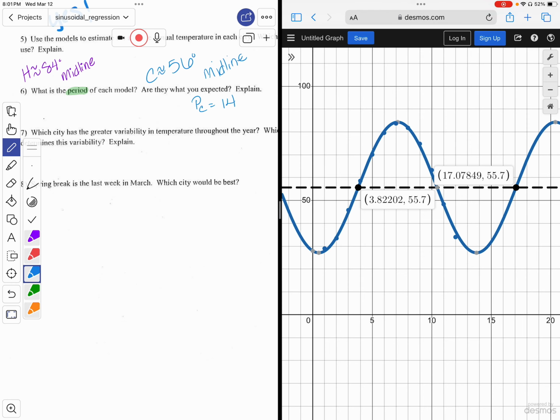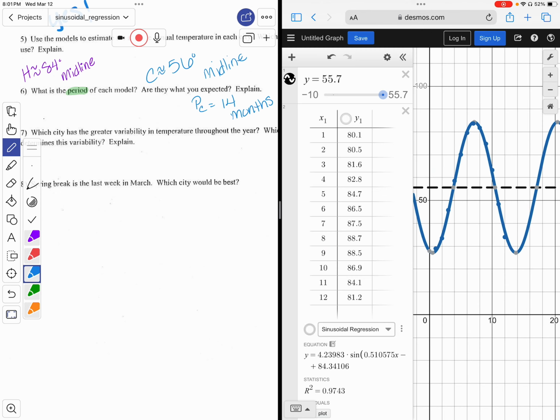Our X axis is counting by months. So I have a period of 14 months. So that cycle of temperature should start to be predictable after 14 months.